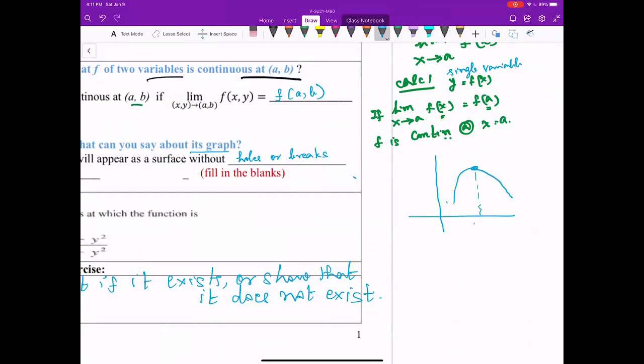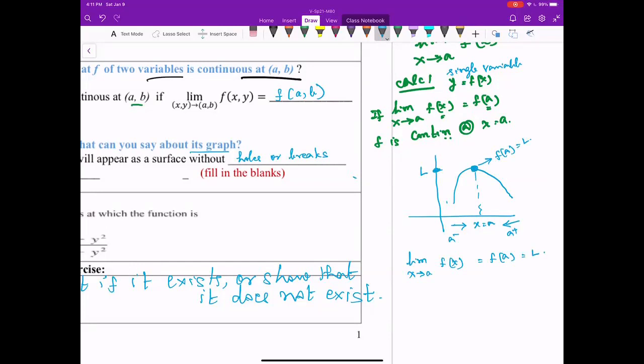So it means that whenever you have a point x equal to a, and you allow x to approach a from the right and from the left, a plus and a minus, they should be equal to the limit L, and also the value of the function should be equal to L. So the limit as x approaches a of f(x) should be equal to f(a). If the graph is continuous, there is no break or hole in the graph.